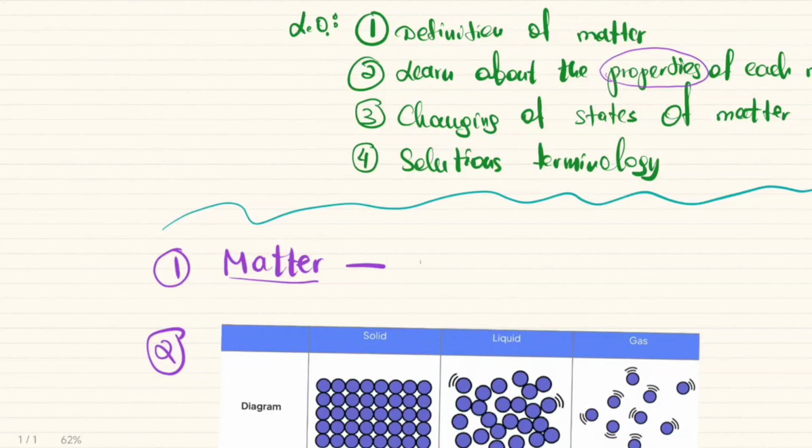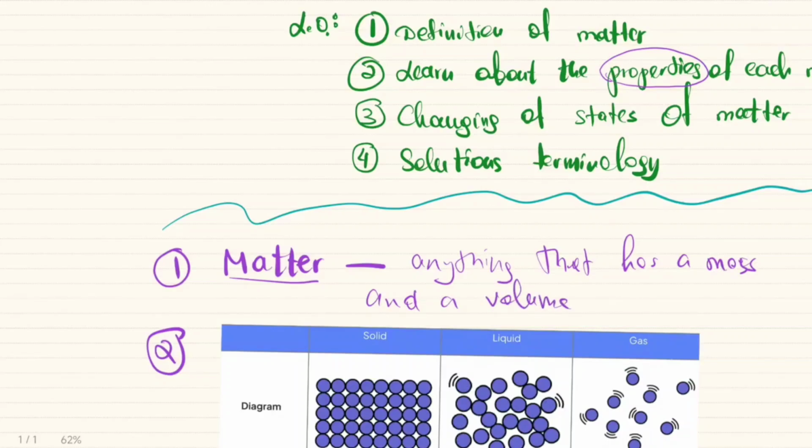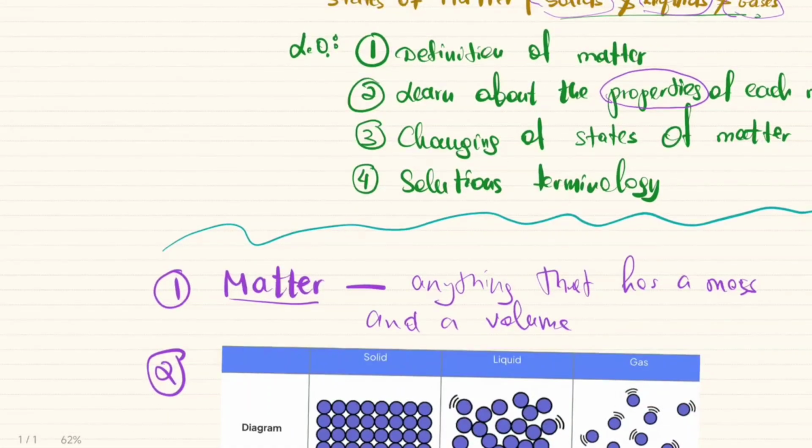Matter is anything that has a mass and a volume. So this can be any object or any tool that you use, literally anything that exists and possesses a certain amount of mass and a volume.